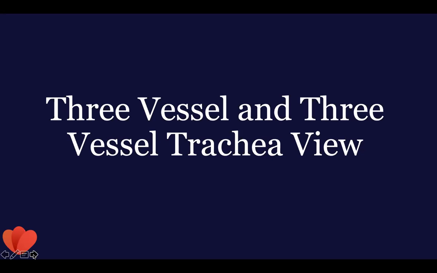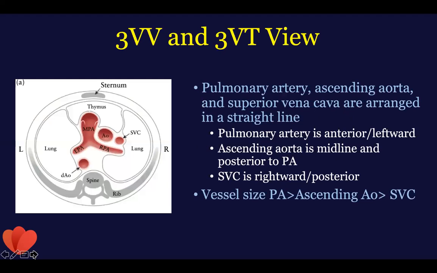And now the three-vessel view and the three-vessel trachea view, which I think is done very routinely by OB. So now we're just looking up higher in the chest, and we're looking for the order of the vessels and the arrangement. So which one's anterior, which one's posterior.